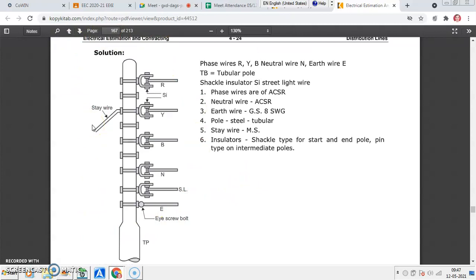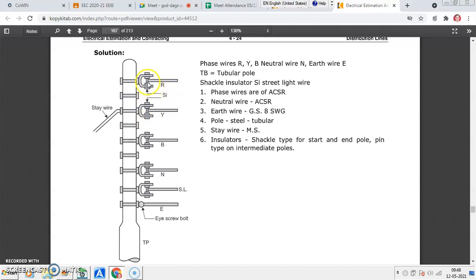Then you may have the provision of the elements on this particular pole. In the sample form, one particular pole is shown. So the provision of the shackle insulators on the tubular pole. Is it visible to you? Shackle insulator, the clamp is provided to fix the insulator and then the conductor.